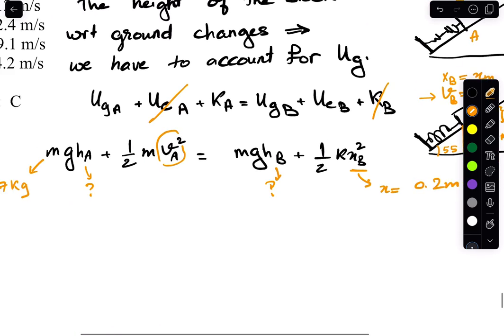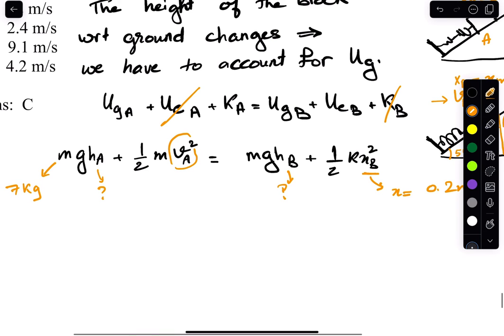What I can do is that in my equation, I'll take HB to the other side so that I can put HA minus HB together.